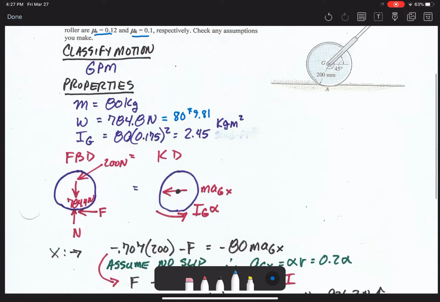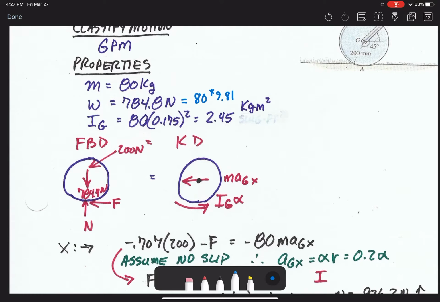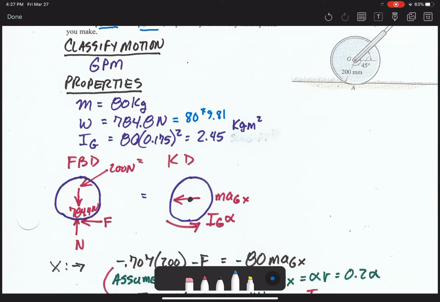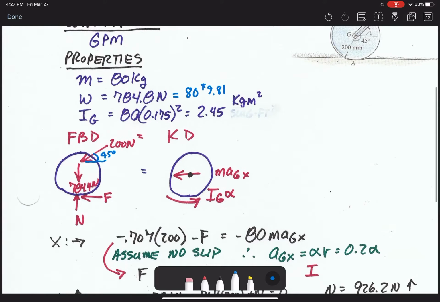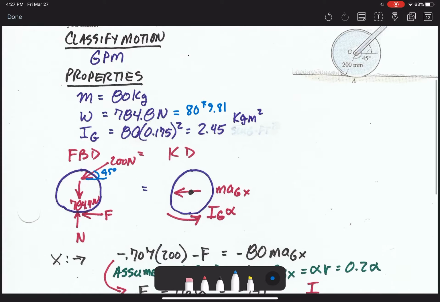Then draw the free body diagram equal to the kinetic diagram. In this case it's only one body, so we draw one free body diagram and one kinetic diagram and make them equal. So we have the force at 45 degrees and the weight, 784.8, friction force assumed to go to the left, and then the normal force.